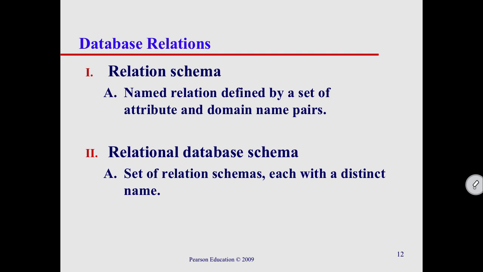So the information that names a relation and the set of attribute domain pairs for that relation is called a relation schema.